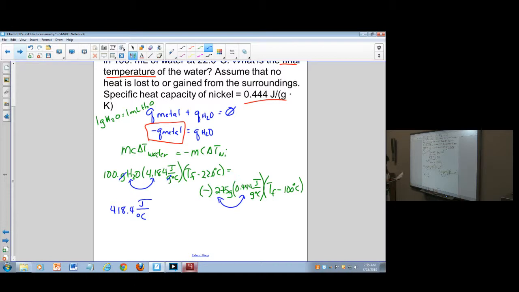Then times final temperature minus 22. All that's going to be equal to these two multiplied together, so that's negative 122 joules per degree Celsius, because I multiplied out the grams here, times final temperature minus 100 degrees Celsius. And remember, I'm bringing my negative sign down with me.